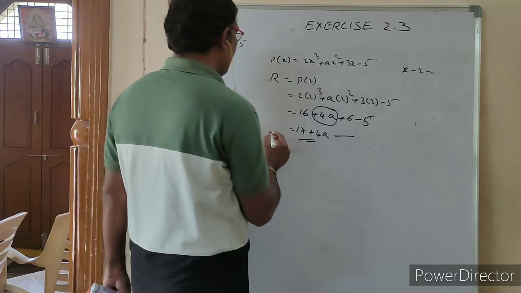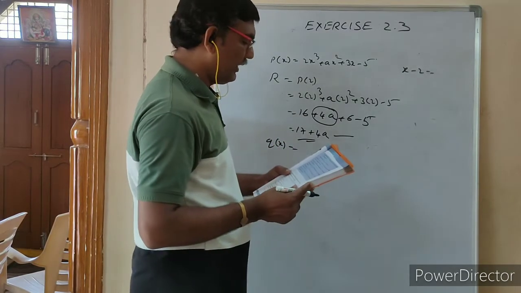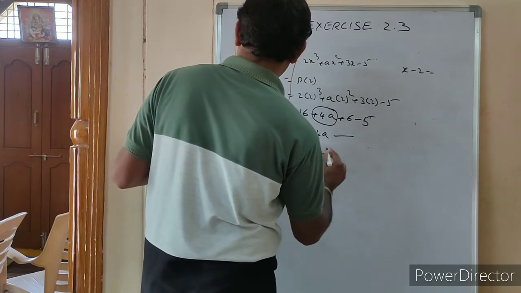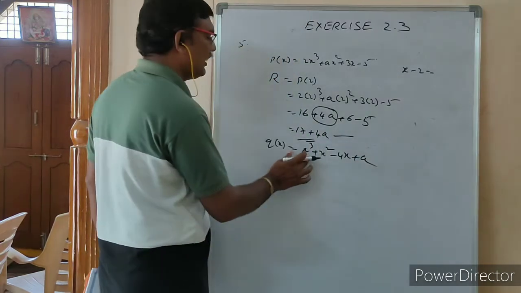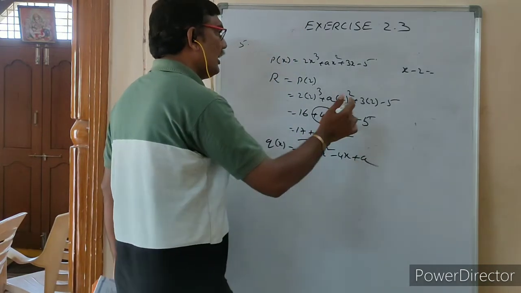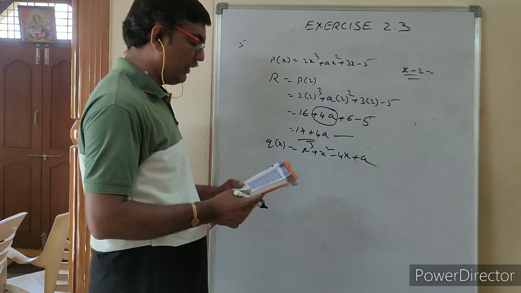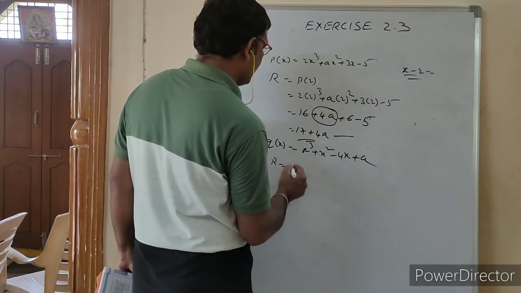But one more polynomial is given. What is that polynomial? x cube plus x square minus 4x plus a. It is another polynomial. This polynomial also divided with what here? x minus 2 only. Means the remainder is how much here?